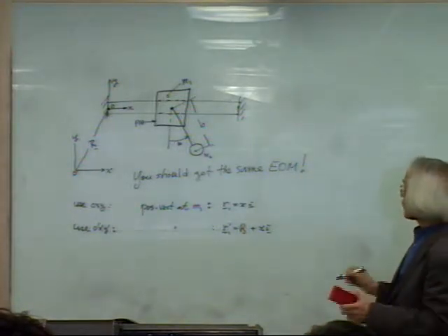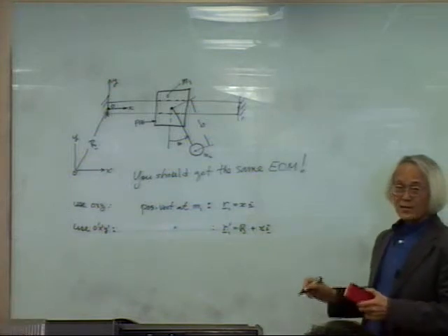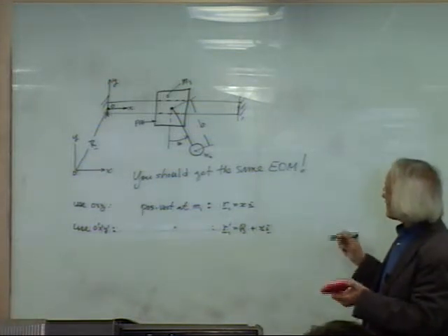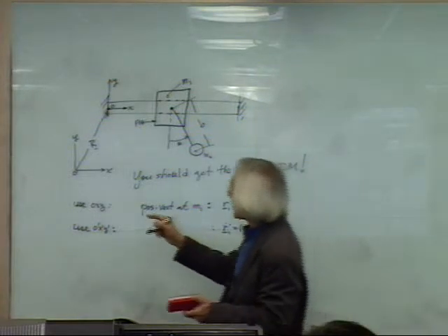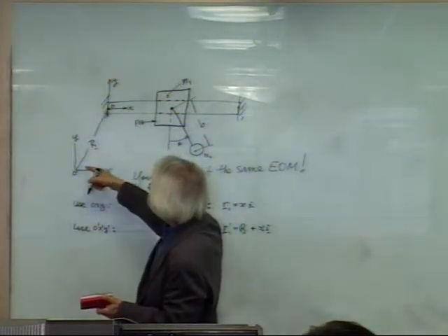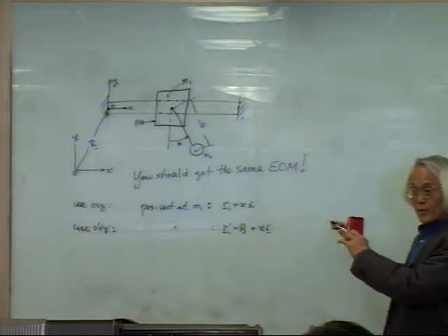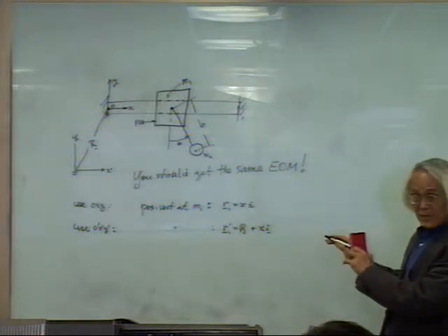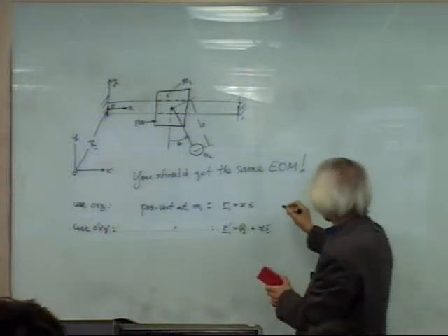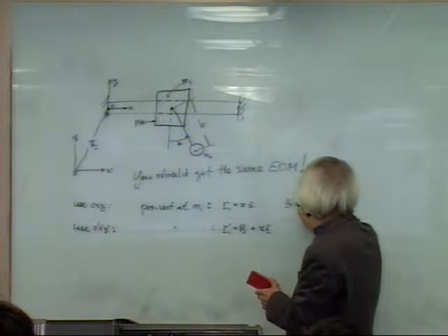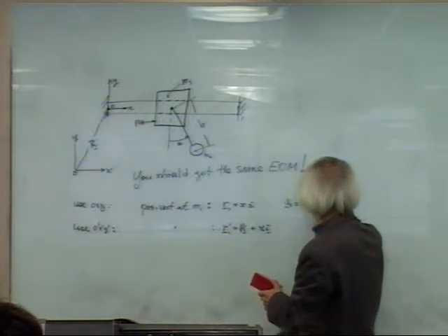Before we worry about anything else, the only difference we're going to have is the reaction forces, which don't really depend on the coordinate system. Reaction forces are reaction forces. We are talking about inertial forces, right? So inertial force means here a1 is x double dot i.